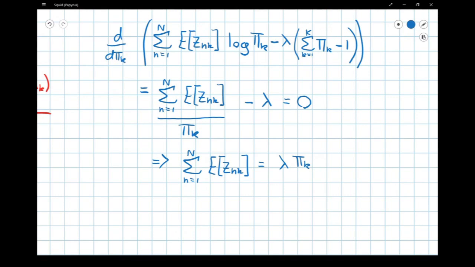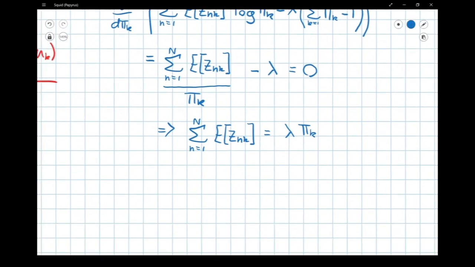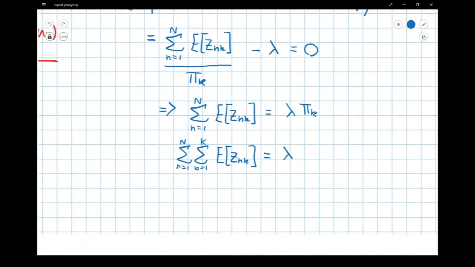If you sum these over all k's, that will be equal to 1. So we're going to sum both sides over all the k's. So now we introduce this summation over k equals 1 to capital K of expected z_nk, which will be equal to lambda times the summation of pi k over k, which is just equal to 1. So it's just equal to lambda.